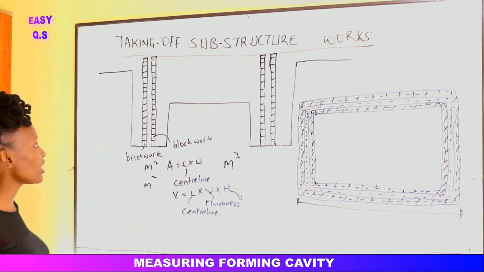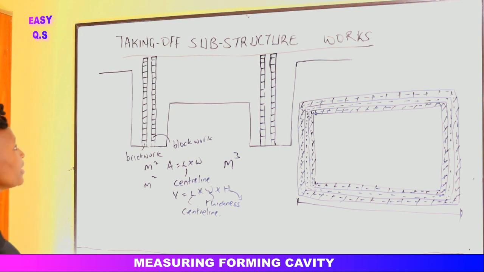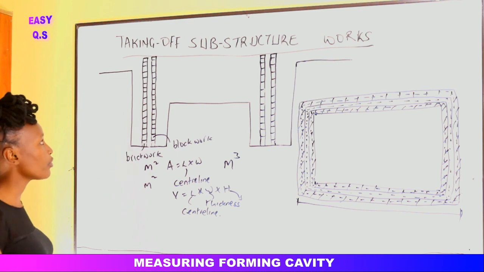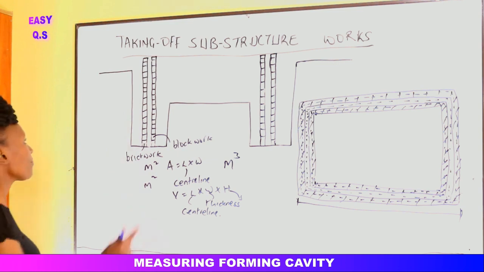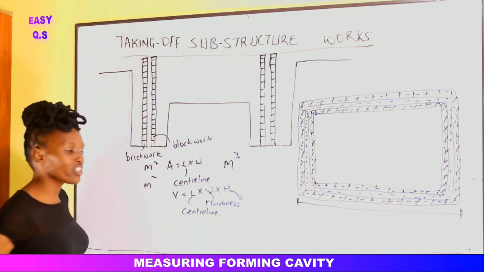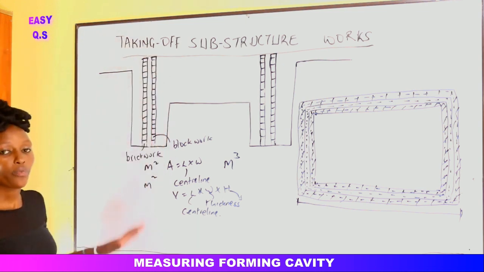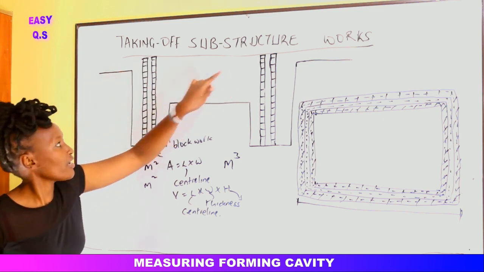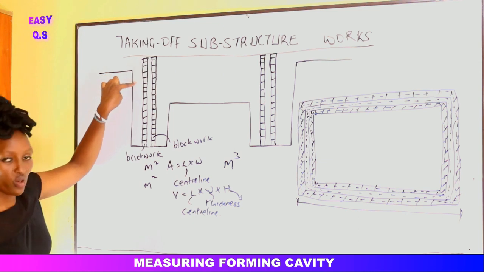The next item that we shall do is the DPM, the DPC, the damp proof course. The damp proof course is usually placed on top of these walls. You see, in countries where we use cavity walls, we don't do concrete inside here. The concrete doesn't go to the wall.